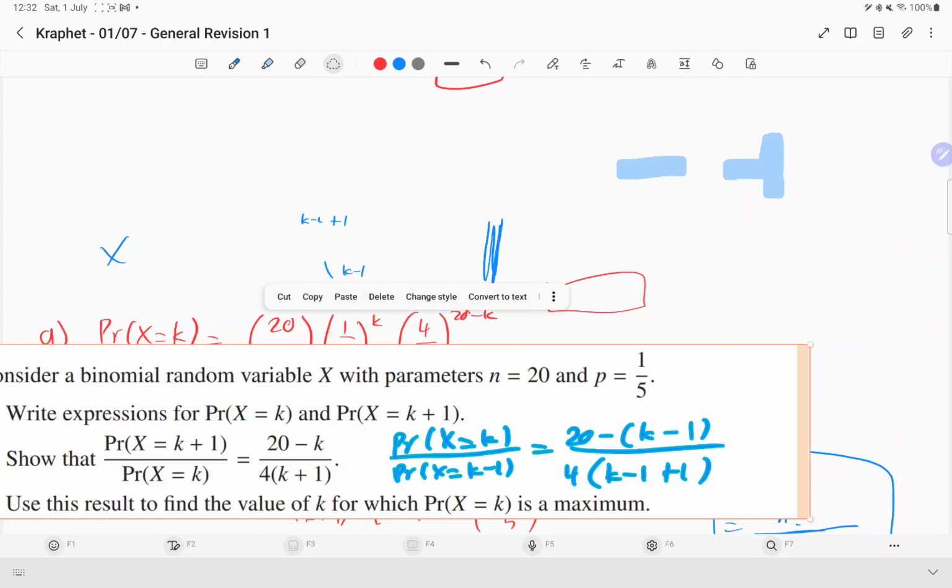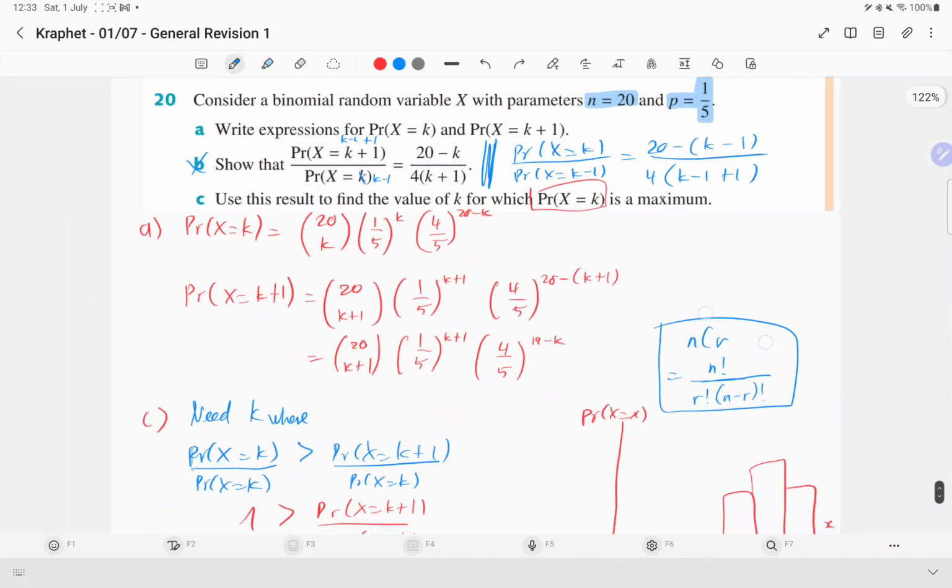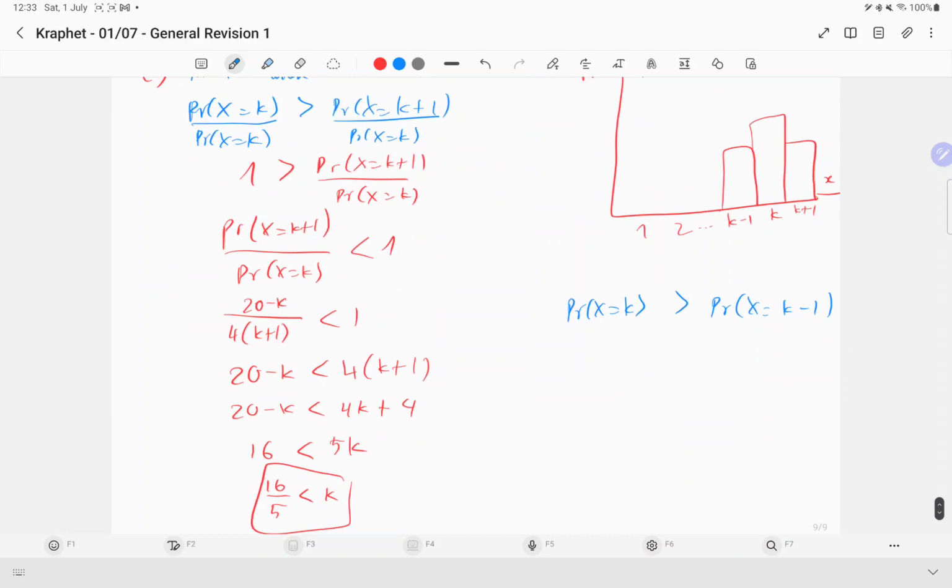Actually, it's okay. So I've got that one there, and then continue solving for that. I would get 20 minus K plus 1 over 4K, so that'll be 19 minus K over 4K. And note that this is equal to P(X=K) over P(X=K minus 1).